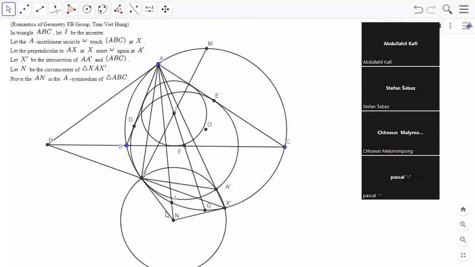Because since these are tangent, then the power of O with respect to the circle is OX prime squared, and the power of O with respect to that is OA squared, so it has the same power. So yeah, HO is perpendicular to AN. There's probably other ways to prove that too.